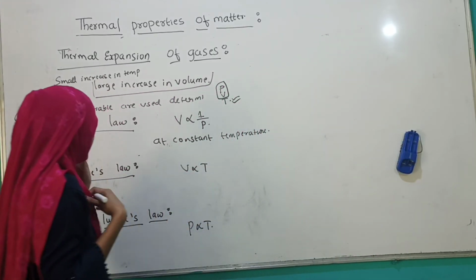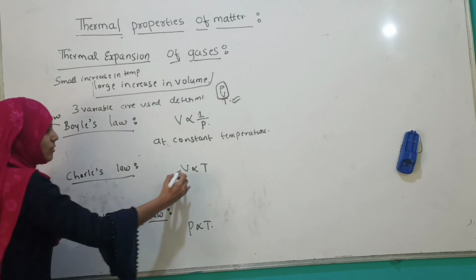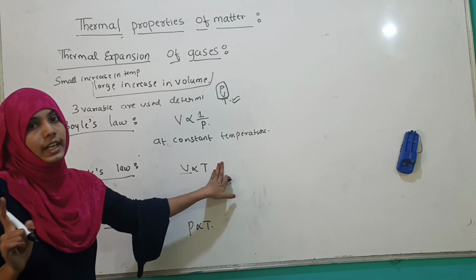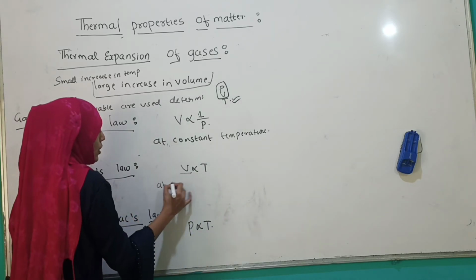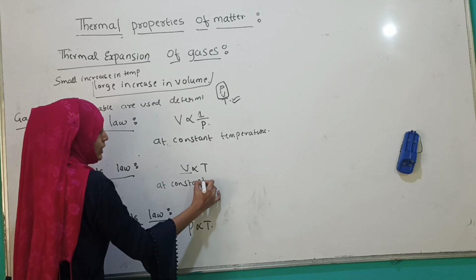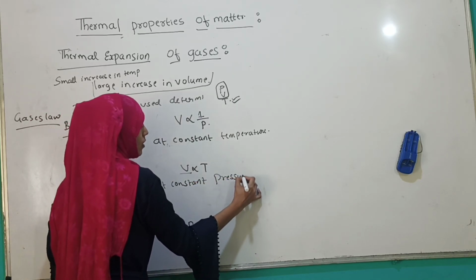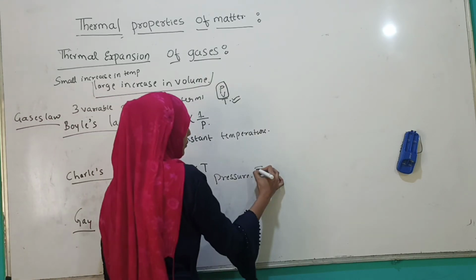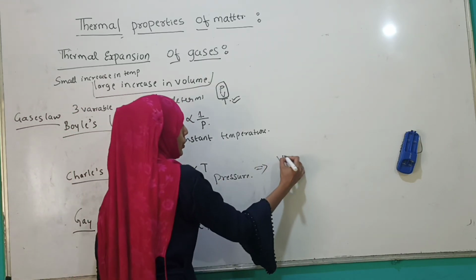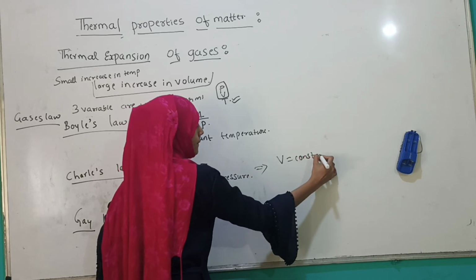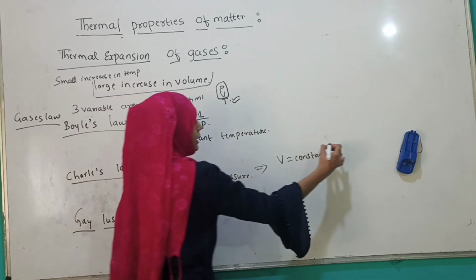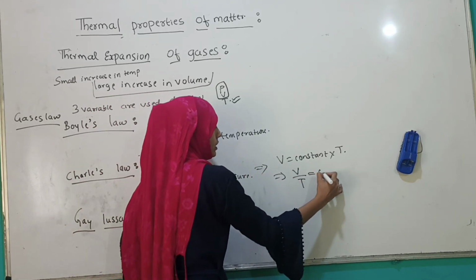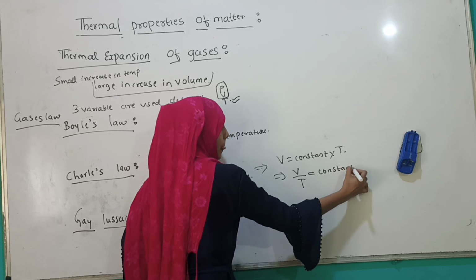Now, what is Charles's law? Charles's law is that the volume of a given mass of a gas is directly proportional to the temperature at constant pressure. At a constant pressure, we can write V is equal to constant into temperature T, and that implies V by T is equal to constant.